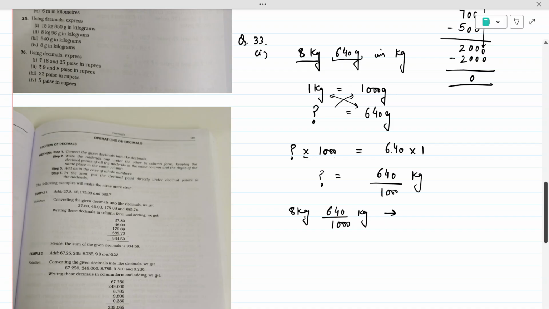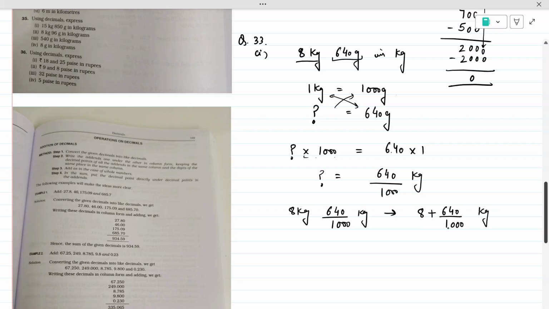Further, this is nothing but 8 plus 640 divided by 1000 kg, correct? And now we can change this into decimal.